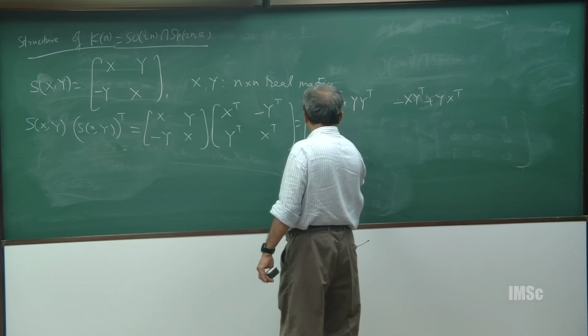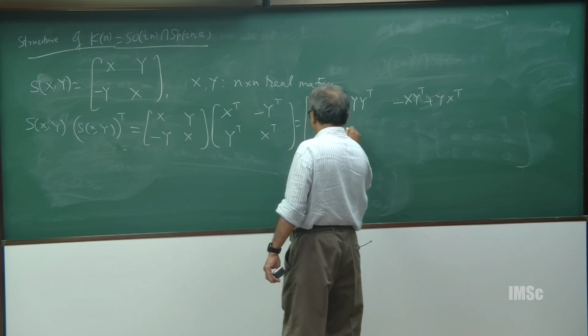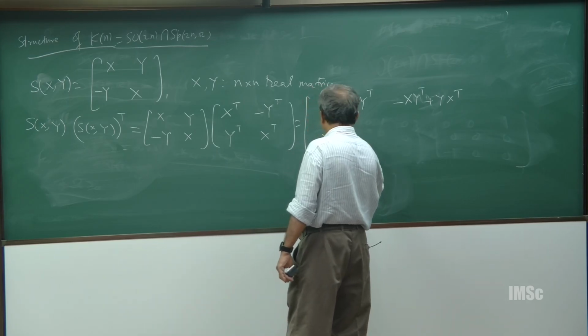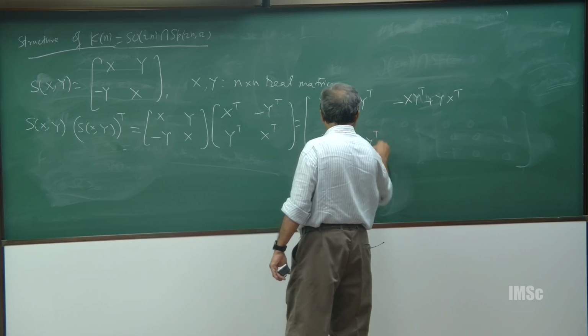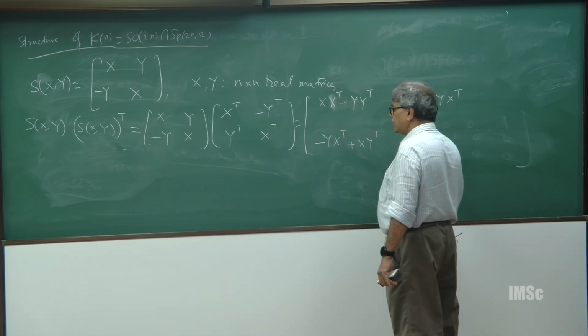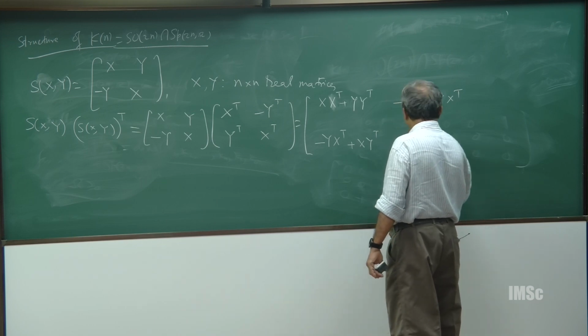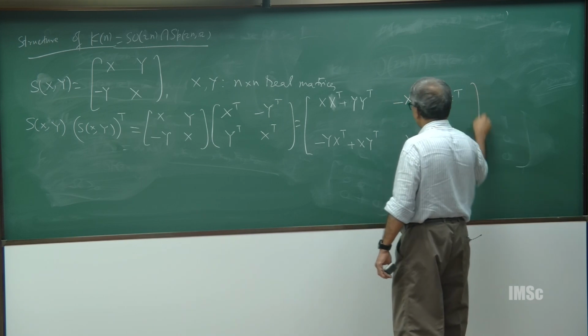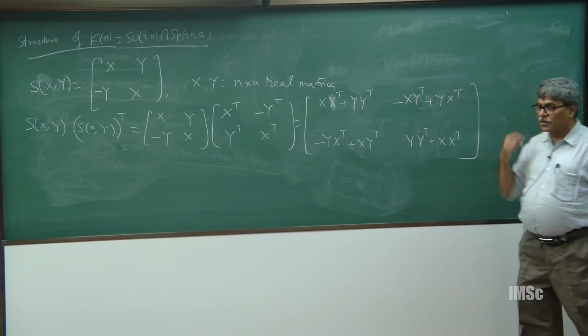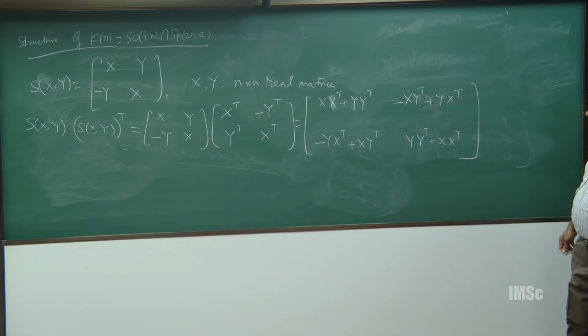This one is minus y x transpose plus x y transpose, and this is y transpose plus x transpose. Is that clear?